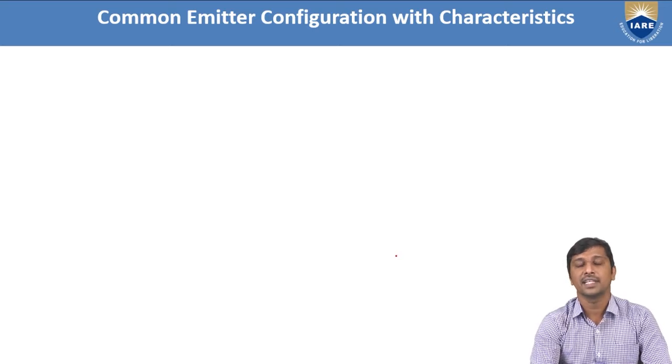While constructing this common emitter configuration, we can consider either an NPN transistor or a PNP transistor. That is your choice. But here I am going to choose an NPN transistor. Using this NPN transistor, let us see how we can configure it as a common emitter configuration.